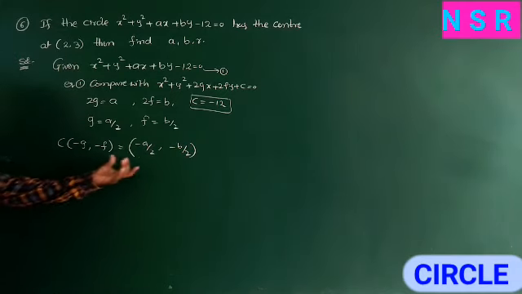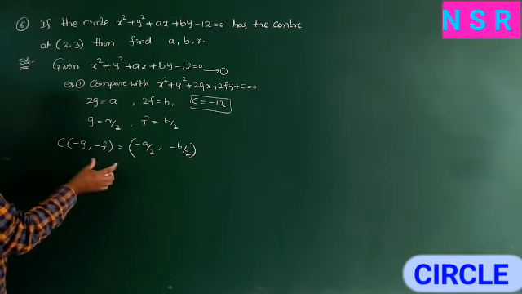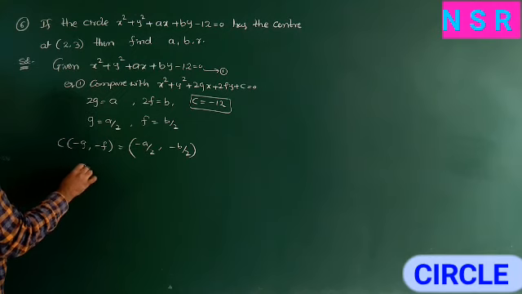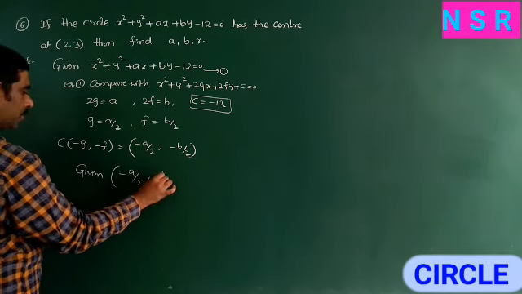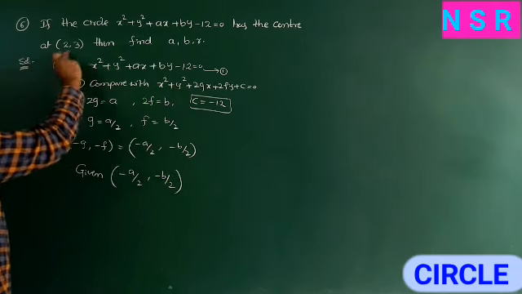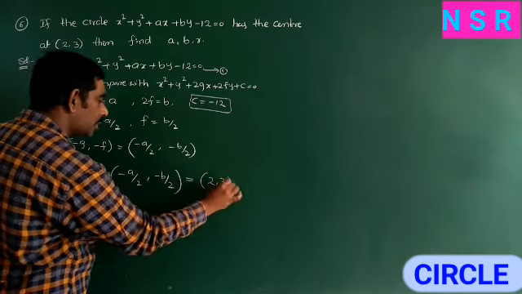So this is the center. Here the given center of the circle is (2, 3). Now the center is minus a by 2 comma minus b by 2, and the given center is 2 comma 3.